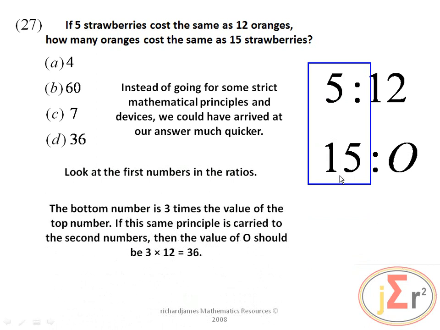The bottom number is 3 times the value of the top number, so 5 multiplied by 3 is 15. So 12 times 3 will give O. If the same principle is carried to the second set of numbers, then the value of O should be 3 multiplied by 12, which is equal to 36. Of course, that's very simple.